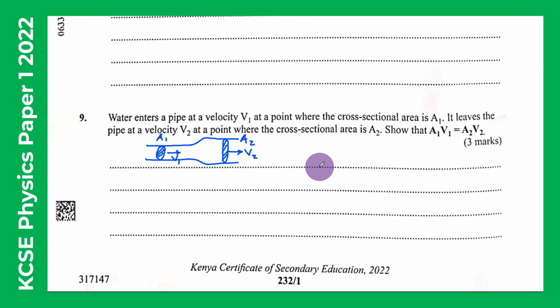which flows through a given cross-section area per unit time in the narrow section is equal to the volume of the water which flows through the wider cross-section, again per unit time. Let me say per unit time, the volume of the water which flows through that pipe is this much.